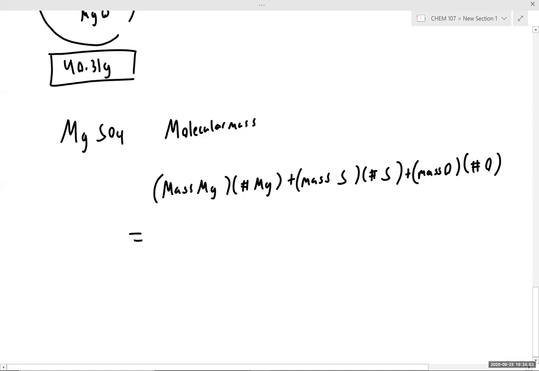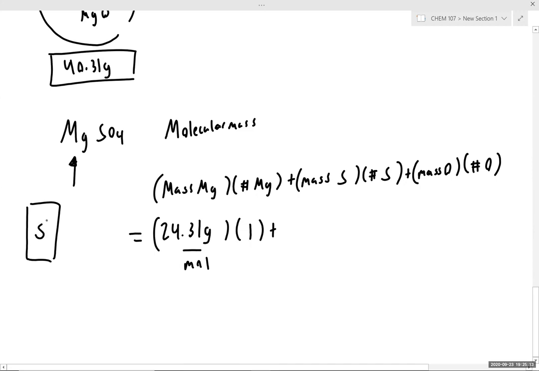So I'm going to need everyone's help here. We know the mass of magnesium is 24.31 gram per mole. In our formula, how many magnesiums do we see? One. One, exactly. Would someone like to tell me what is the molar mass of sulfur in the periodic table? 32.07.